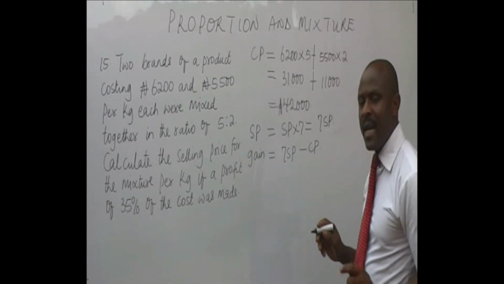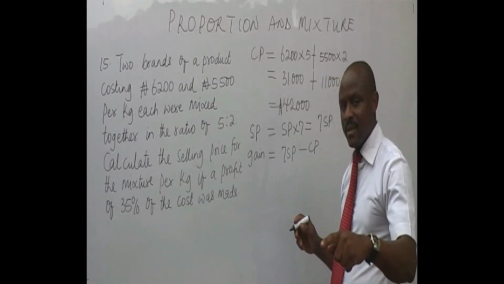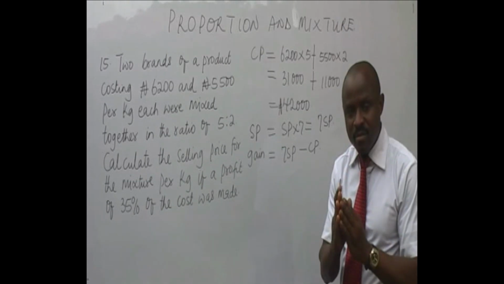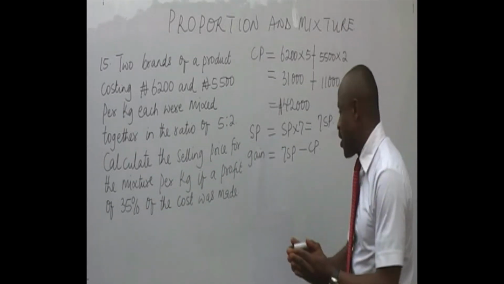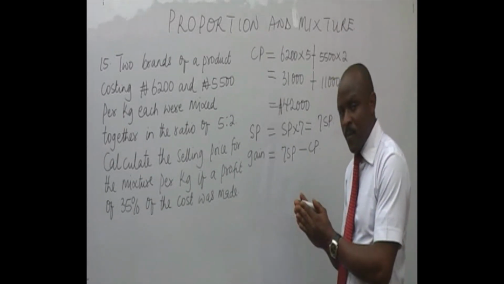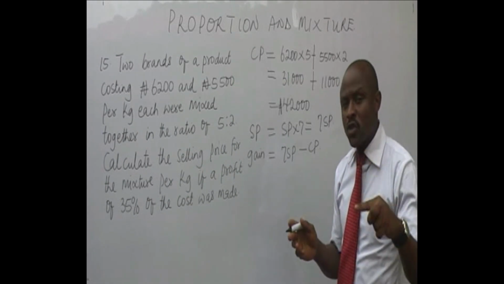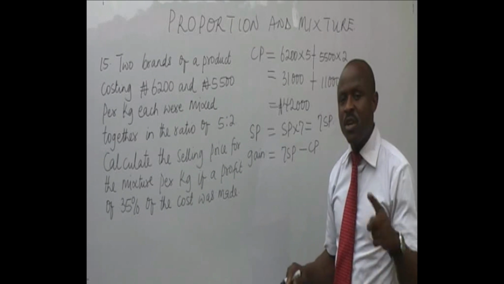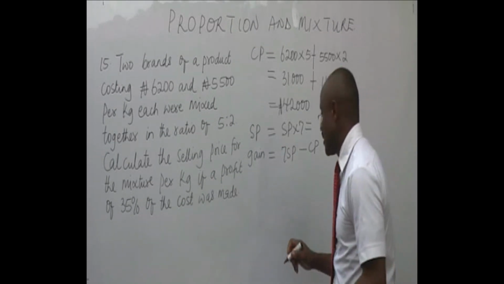That's our gain. Now our gain percent is our selling price minus our cost price divided by our cost price times 100 over 1. It will give us our gain percent.